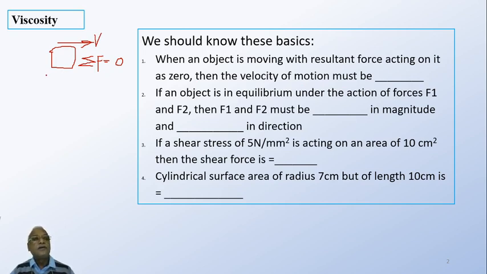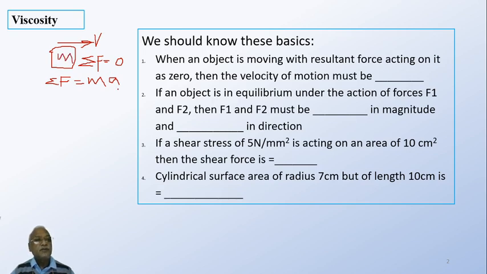Here we should recall that the resultant force, sigma F, is equal to m into a. We know this second law of Newton's. So when this is equal to 0, and there is a body existing, it will have a non-zero mass.